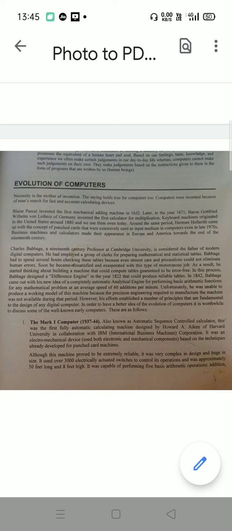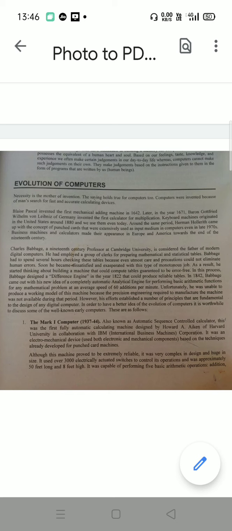Blaise Pascal invented the first mechanical adding machine in 1642. Later, in 1671, Baron Gottfried Wilhelm von Leibniz of Germany invented the first calculator for multiplication.